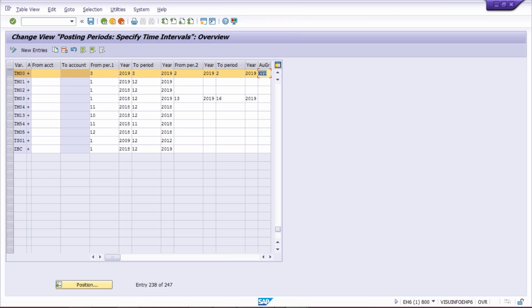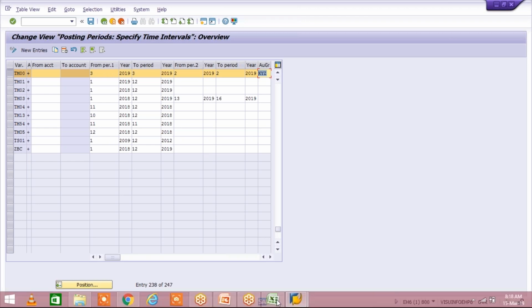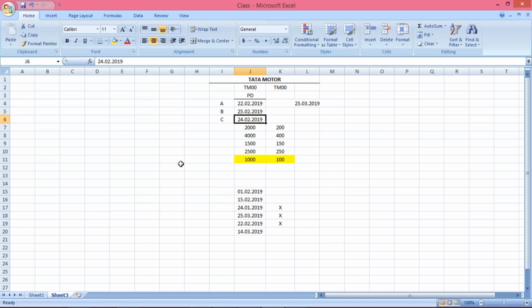Then the basis consultant will also come into the picture, whenever authorizations are involved. But anyway, I have to explain this concept to you guys. So what is happening, guys, against this XYZ authorization group, this user ID of A is going to be linked.